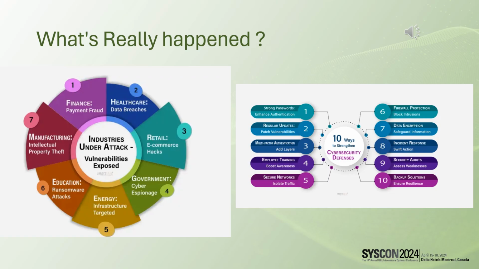So we can figure out the best ways, starting from strong passwords, regular updates, multi-factor authentication, employee training and awareness, of course, secure network, firewall protection, data encryption, incident response, which we are recently taking quite a lot of care about. From our measurements from the intrusion detection and prevention system, we also think about how the intrusion response works for that, and security audits and backup solutions.